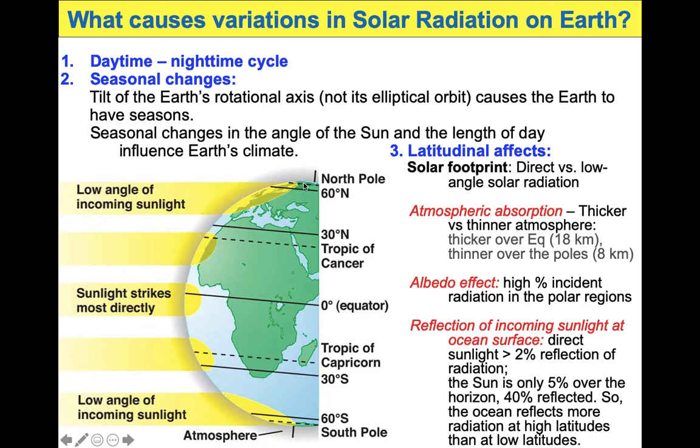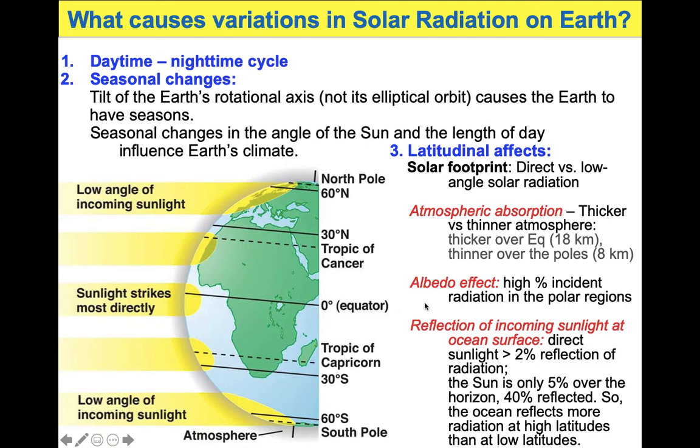So that's a significant change in atmospheric thickness, and that in turn affects the atmospheric absorption of solar radiation. So the equatorial atmosphere absorbs much more heat coming in from the sun.